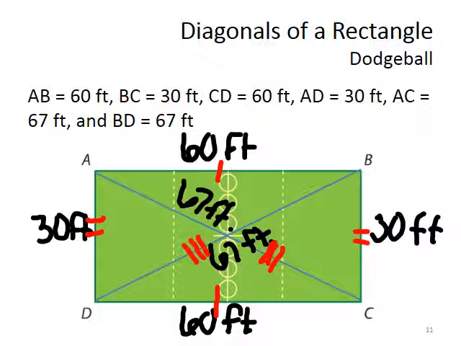If the diagonals of a parallelogram are congruent, one of the theorems that flows from that property means that's enough to say this is a rectangle. We've got a parallelogram because opposite sides are congruent, and that parallelogram is a rectangle because its diagonals are congruent. So looking at these dimensions, that's enough to prove for the recreation center that this dodgeball field really truly is a rectangle.